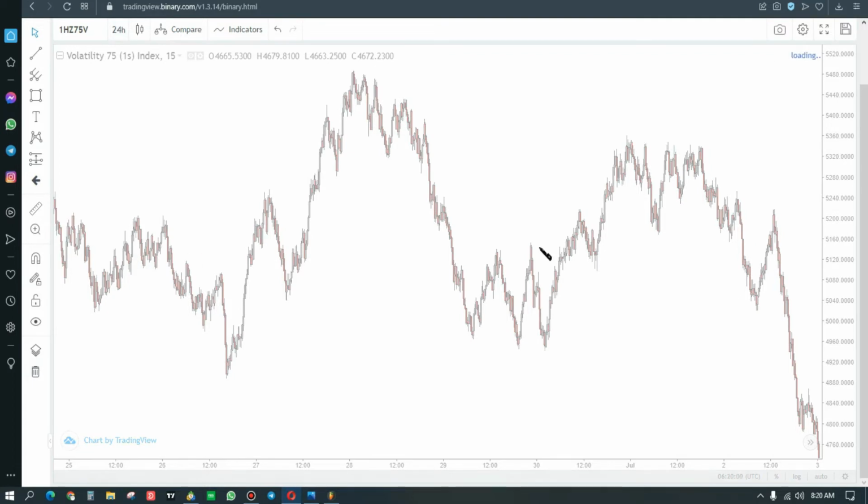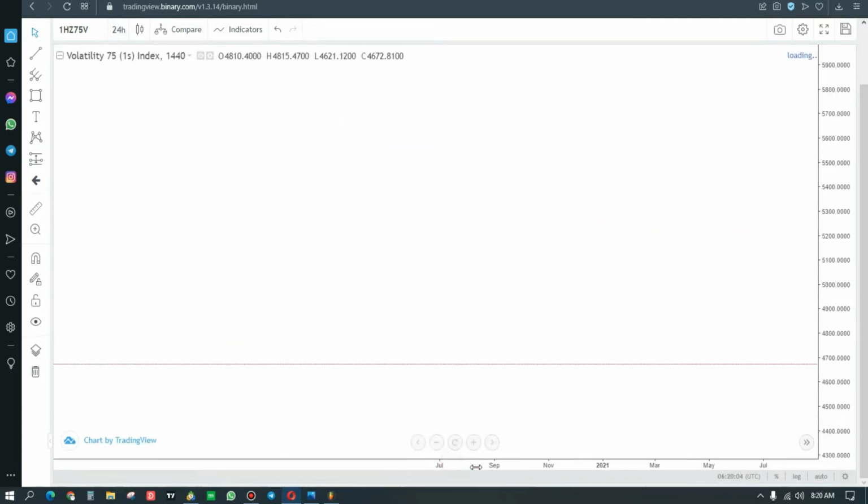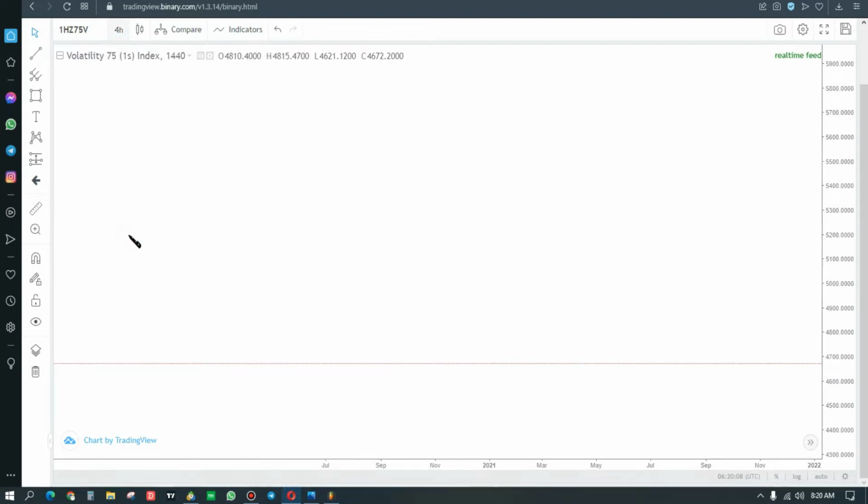We can look at the daily time frame, but I don't like to, so let me just go to a 4-hour. This binary TradingView can be slow sometimes. Let me clear everything on the chart.